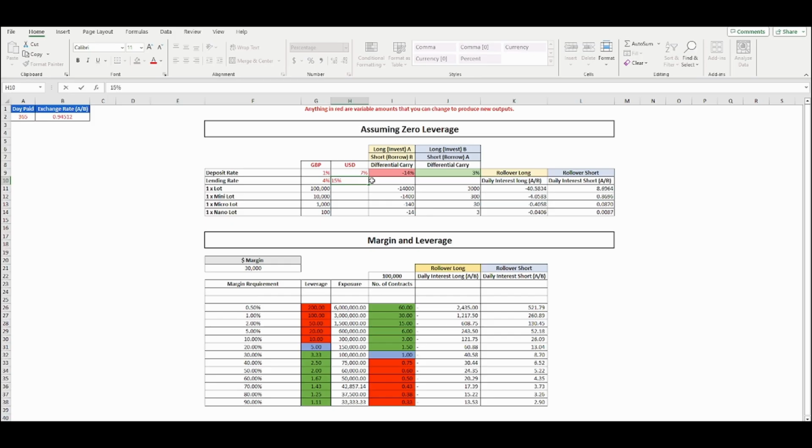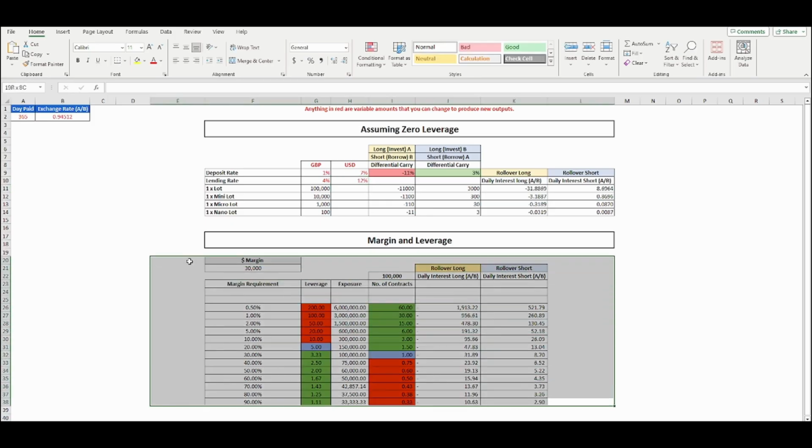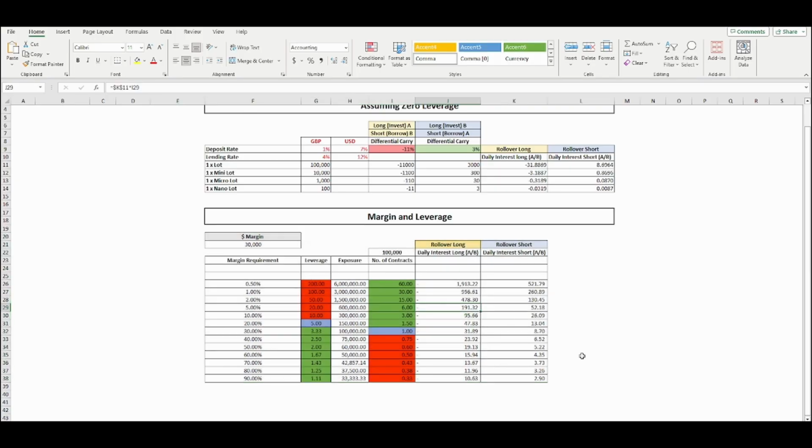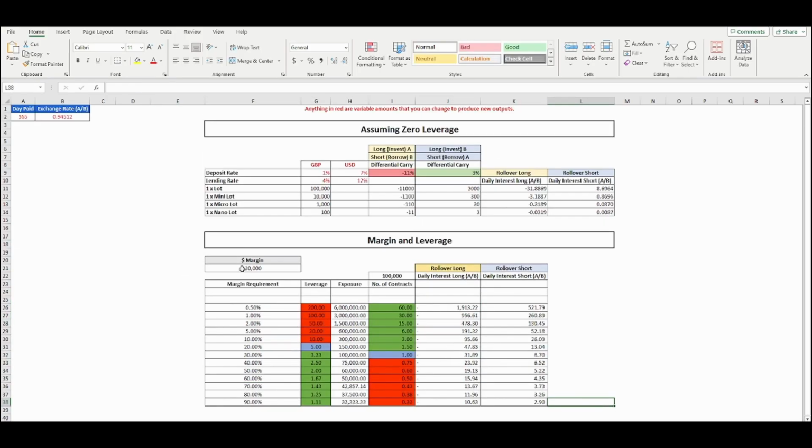So moving on to a very, very similar table, but actually considering margin and leverage this time. So let's assume that you have a trading account of $30,000. On the left column here, underneath the margin requirement, we have all of the different percentages.